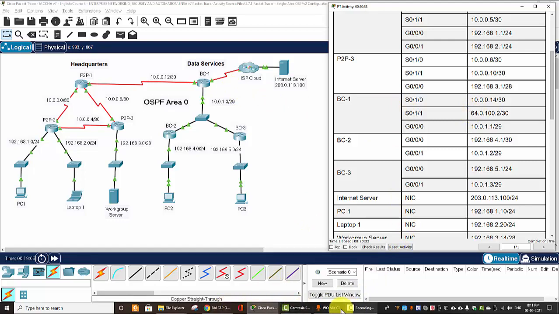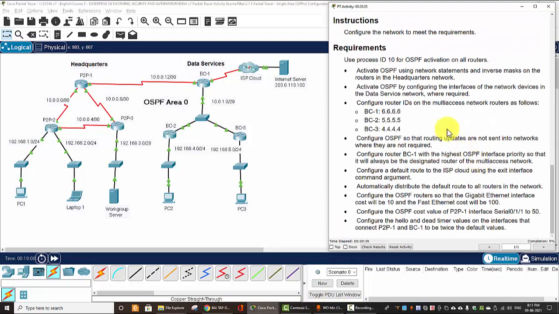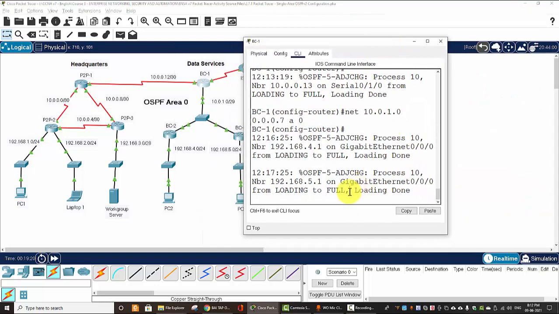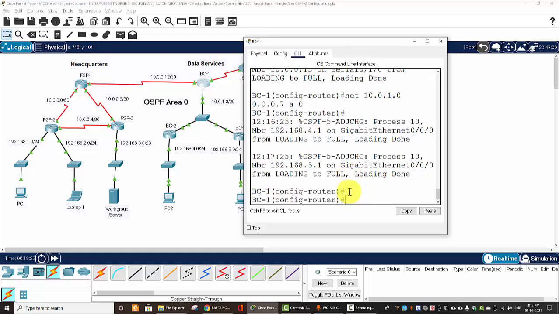Now on the requirement here, we have to configure router IDs on the multi-access network routers. BC1, now to configure the router ID.